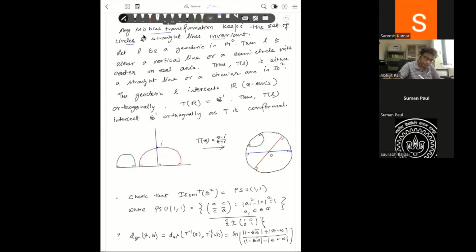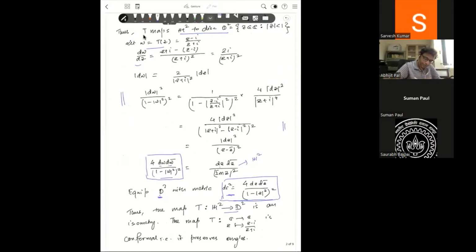Sorry, I have not said what we mean by Poincaré disk. This unit disk with this hyperbolic metric will be called the Poincaré disk.